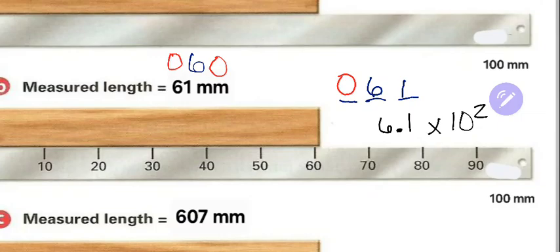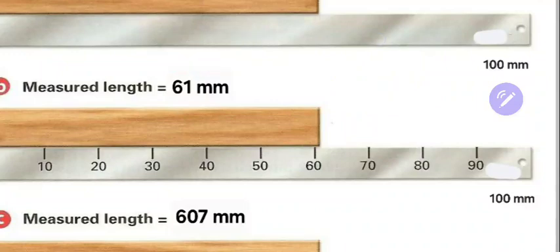I can't just drop that 0 because it becomes 6. Well, I can write that in scientific notation, just say 6 times 10 to the 1 millimeters. And so that gets rid of it. That's the easiest way to deal with that. And then there's no confusion about whether that is or isn't significant.